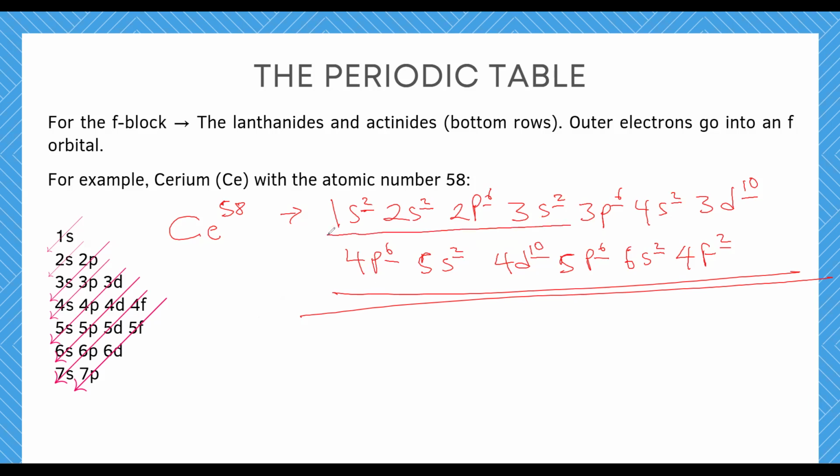What is the highest number here? 6. There is 6 over here. That tells us that the number of shells present in the atomic structure of cerium will be 6. So I just brought that in for us to be clear on that.